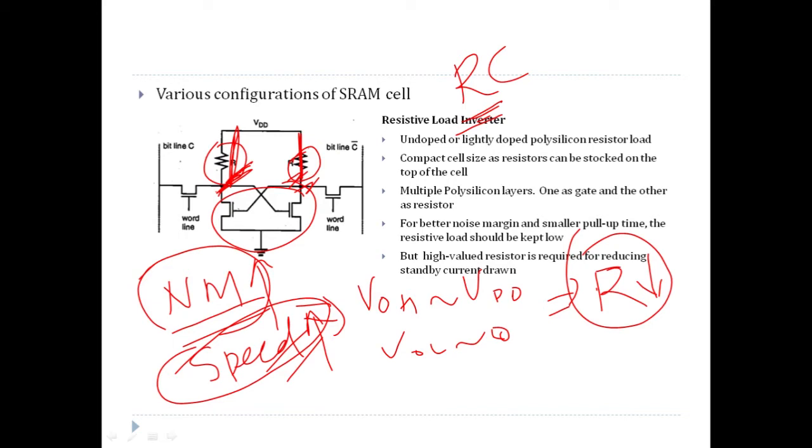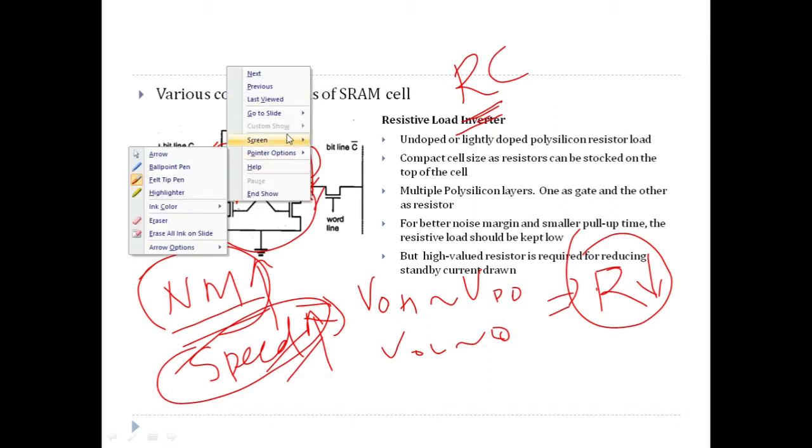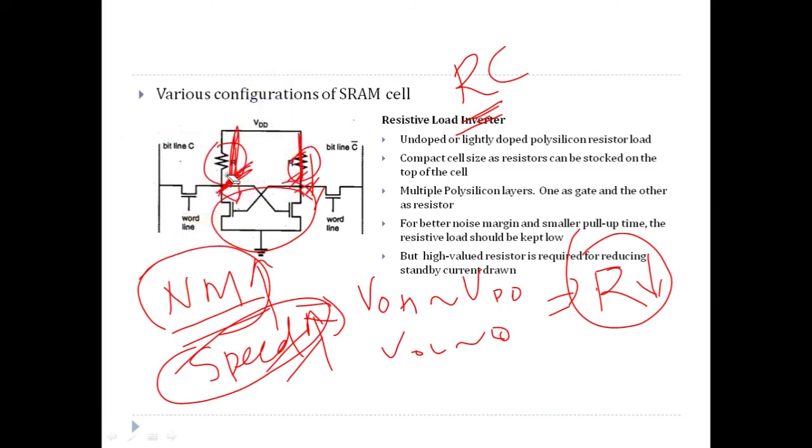Now, to minimize this power, the current flowing through this transistor should be smaller, because the cell has to store either 0 or 1.